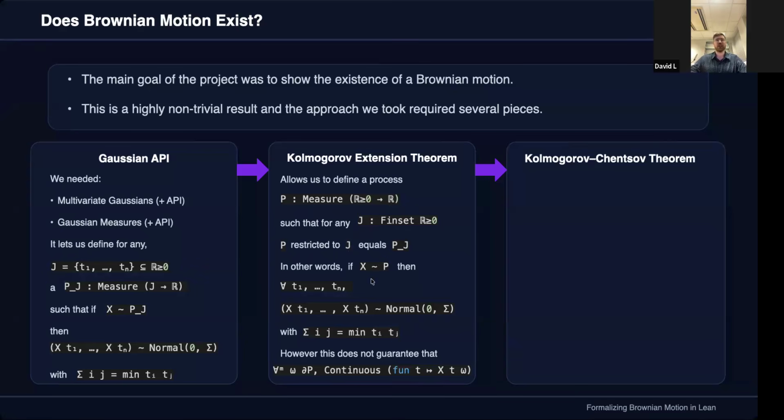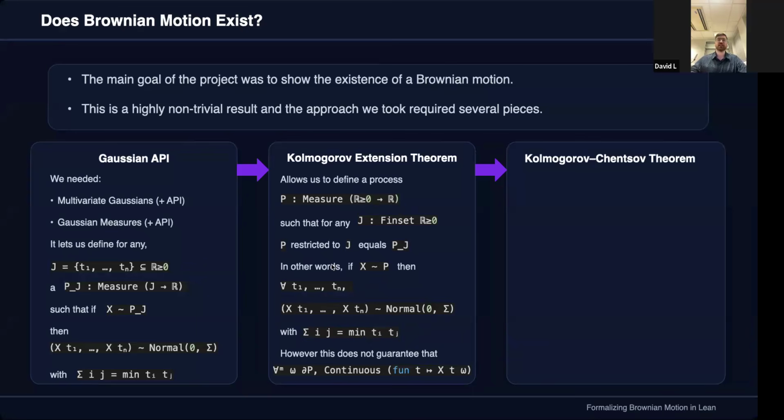So one way to state this informally, and you can make it formal, is that if X has law P, so this is actually a stochastic process, a random variable which you can view as a function from the reals to the reals, then for any finite set of times, it has the right finite dimensional distribution. So X_t1 to X_tn is a normal with the right covariance matrix.